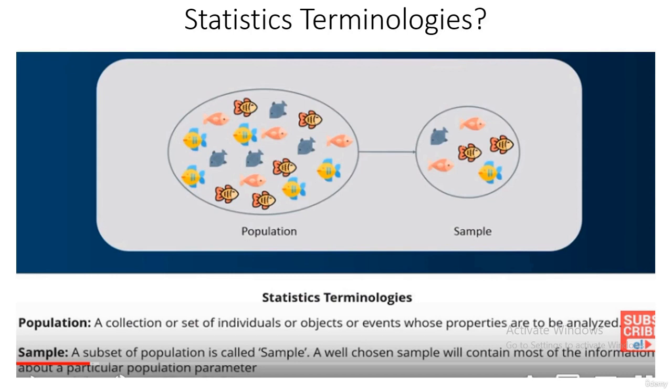For example, you want to take a sample of any country. The sample must represent the true picture of the whole country. That means it must include male and female, young, middle-aged, senior people.